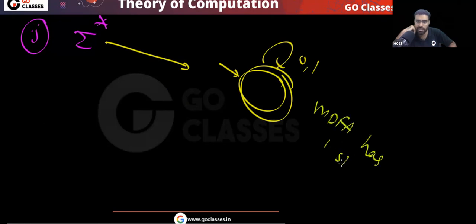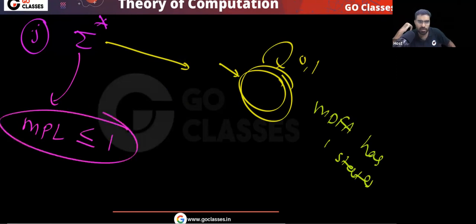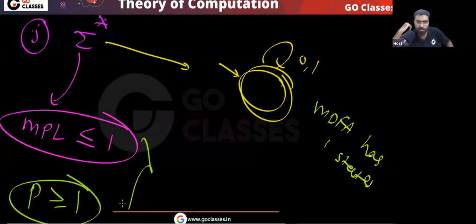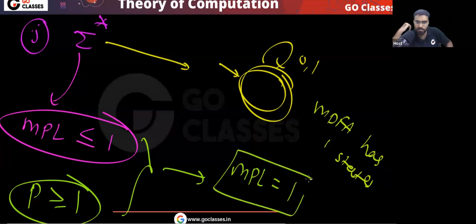So what will be the minimum pumping length? It will be less than or equal to 1, and you already know P is always greater than or equal to 1. So I can say minimum pumping length will be 1. Is this clear?